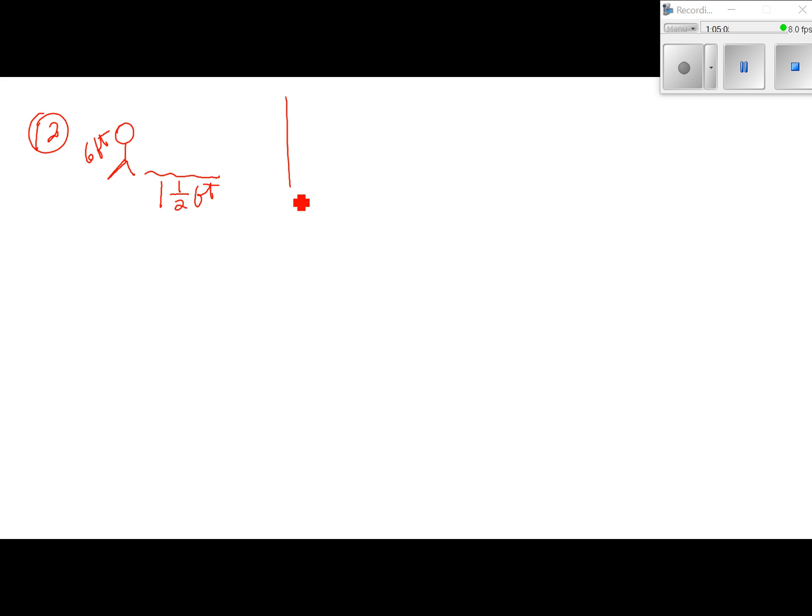And then the flagpole, and it's casting a shadow that's 5 feet long. And we're trying to find the height of the flagpole. Well, we're just gonna match them up. Person's height, 6 feet. Flagpole's height is X. 6 matches up to X. Same as the person's shadow, 1.5 feet.